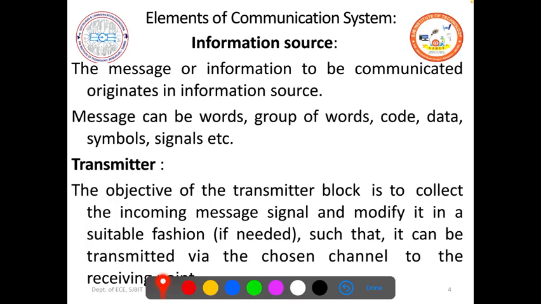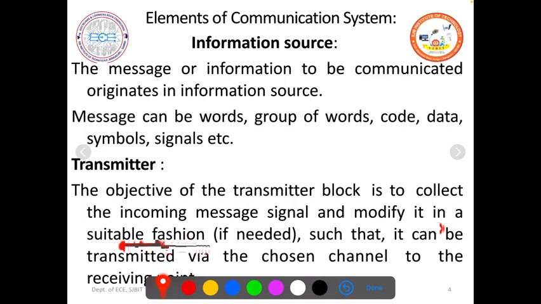So how to send this? We can't send the information as it is from here to some other point. We need a certain medium. We should alter the data in such a way that it reaches the receiver in a correct manner. The objective of the transmitter block is to collect the incoming message signal and modify it in a suitable fashion.